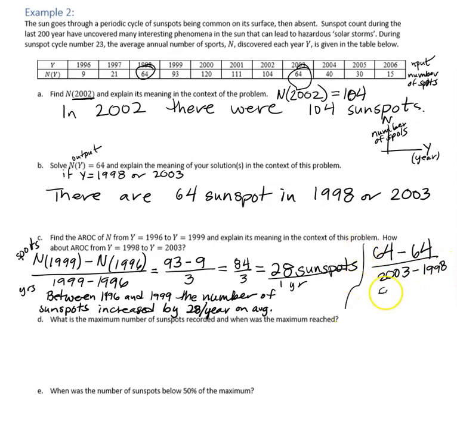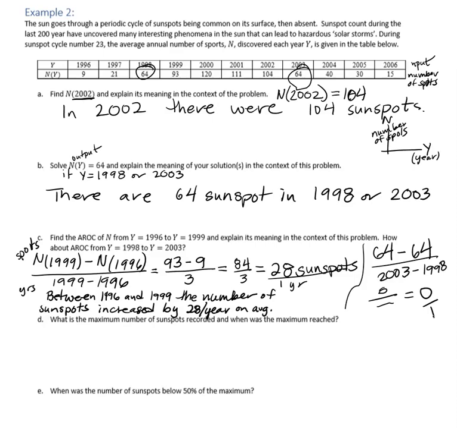I just wanted to point out here, we get 0 over something, which is 0. What it will tell us is that it averages out to no change, basically 0 sunspots per year over that 5-year period. And that doesn't mean that there really wasn't any change.